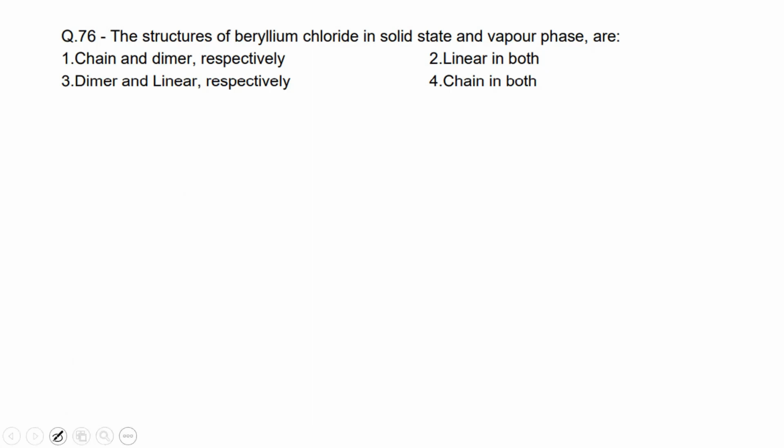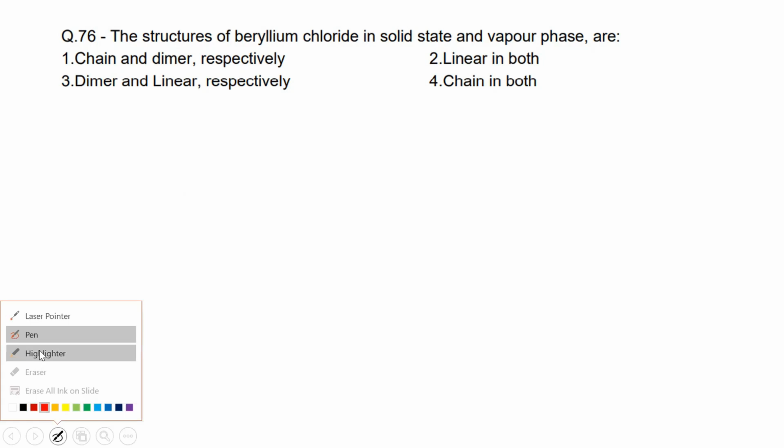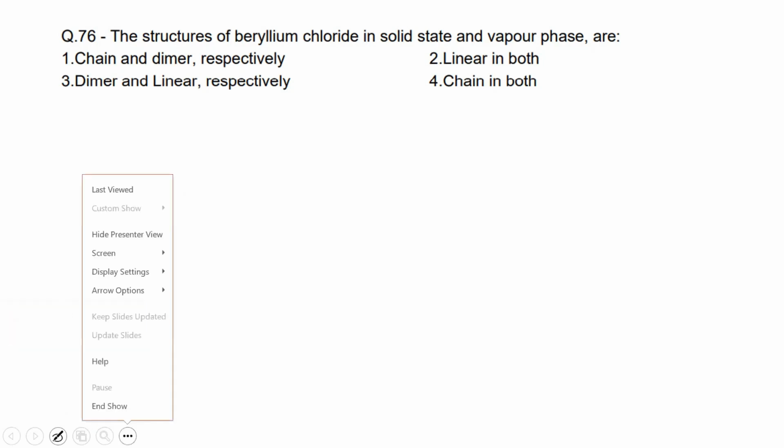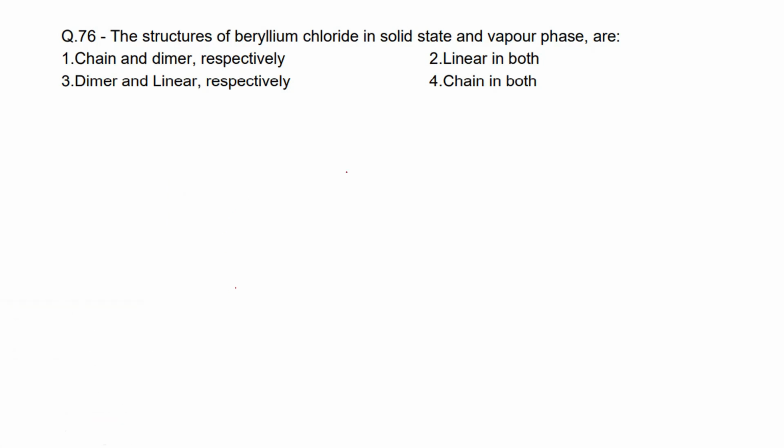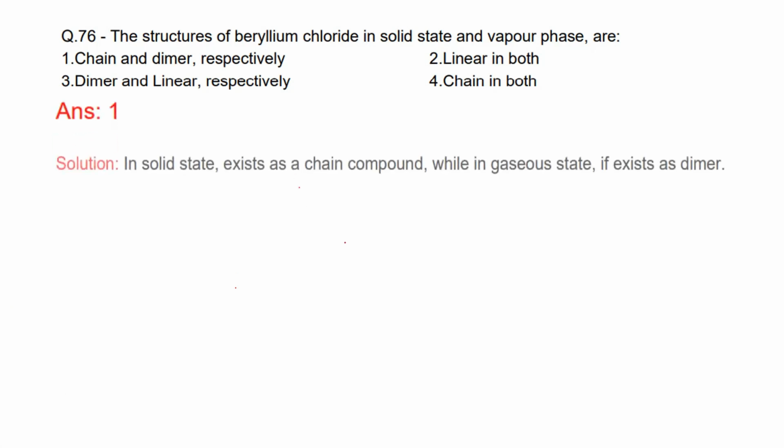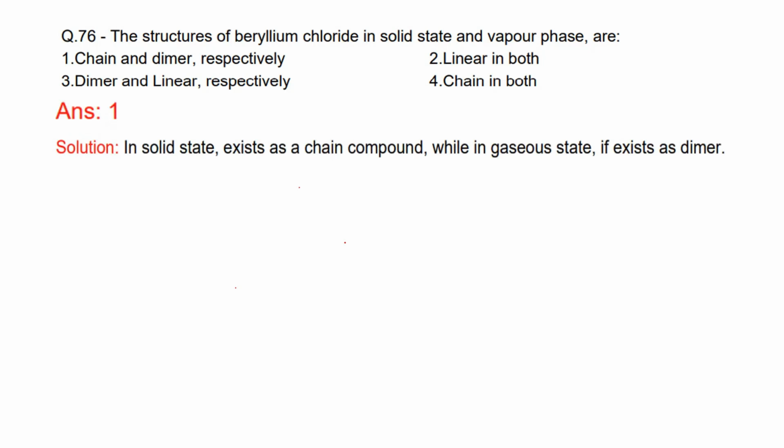In solid state, beryllium chloride will be like a chain structure, whereas in vapor state, two molecules will become paired up. That means it will exist as a dimer. So option one will be the correct answer for it, and this is the explanation you can give.